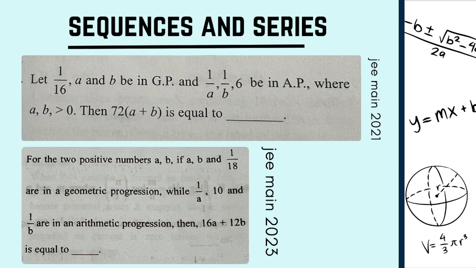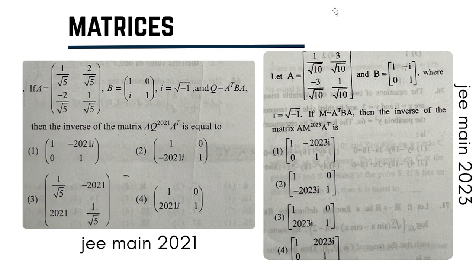Now let us find another example, which is from the chapter Matrices and Determinants. In this chapter, you are given matrix A, matrix B, then you have written Q equals A transpose B A. Then they have asked to find the inverse of the matrix A Q raised to 2021 A transpose.